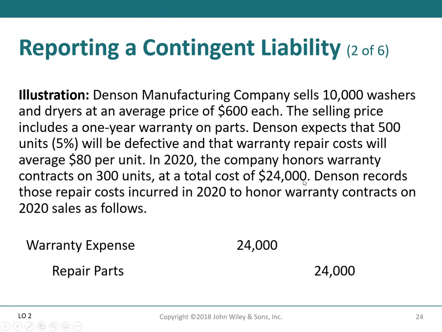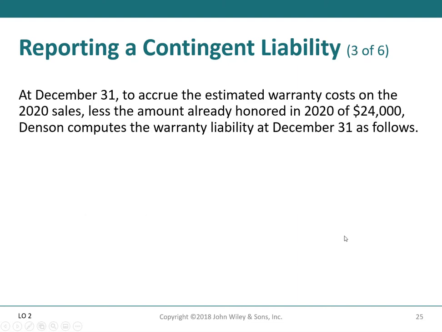All right, so we estimated a total cost of $24,000 for our warranty work. So we're going to debit our warranty expense and we're going to credit warranty parts, because they just have the employees that are on the line fix it, but they have to pay for the parts out of pocket. On December 31st, to accrue the estimated warranty costs on the 2020 sales, less the amount already honored in 2020 of $24,000, we're going to compute it as follows.